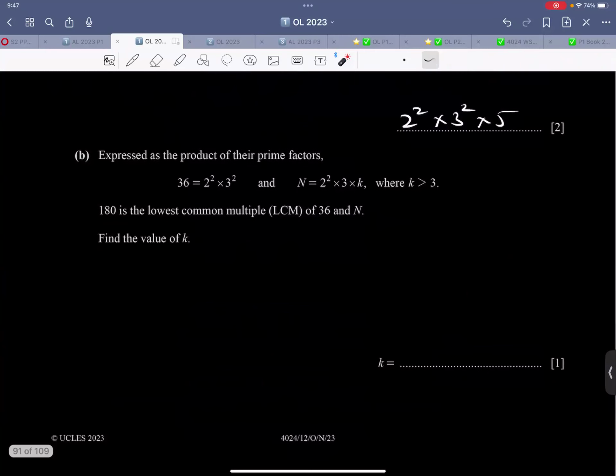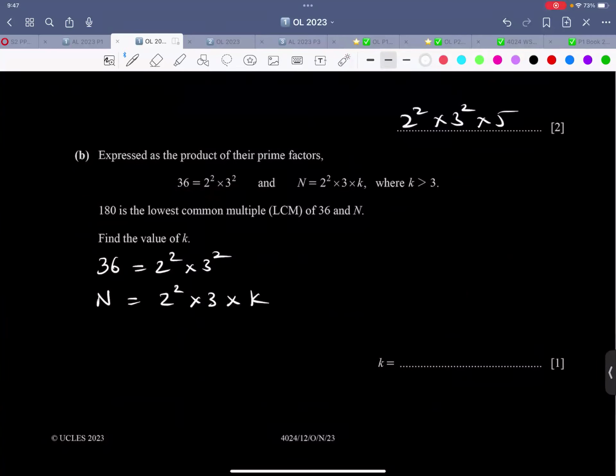Now, express as a product of its prime factors, we also have 36. So we have 36, which is 2 square into 3 square. We have n, whatever n is, that is 2 square into 3 into k, and k is greater than 3, k is not equal to 3. 180 is the lowest common multiple. So 180 is 2 square into 3 square into 5. 180 is the LCM of 36 and n. Find the value of k.